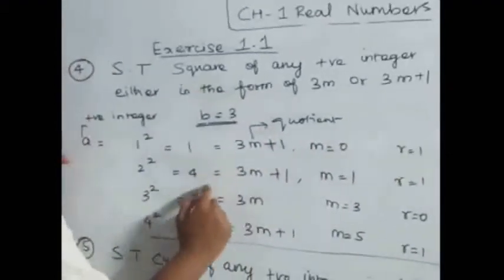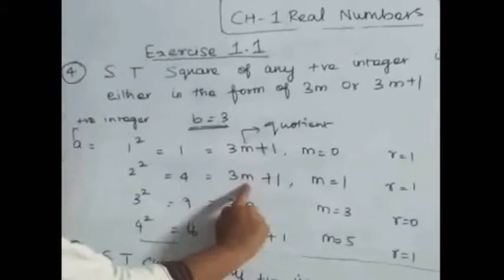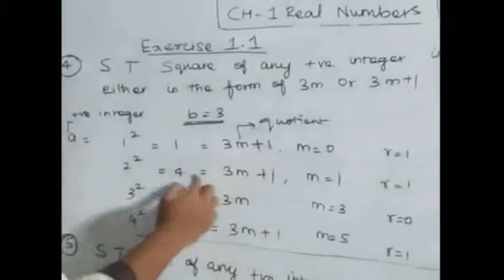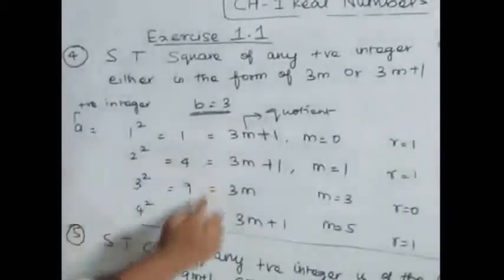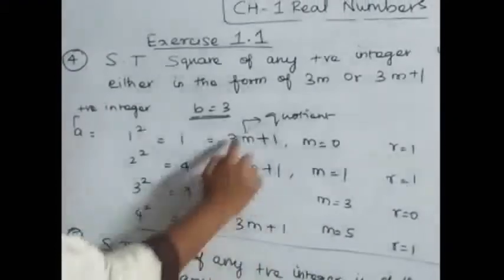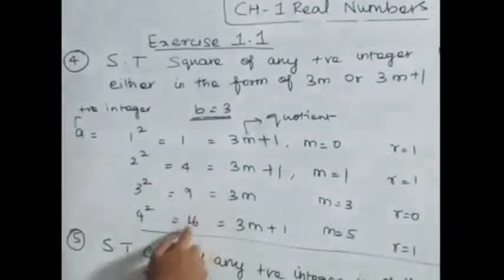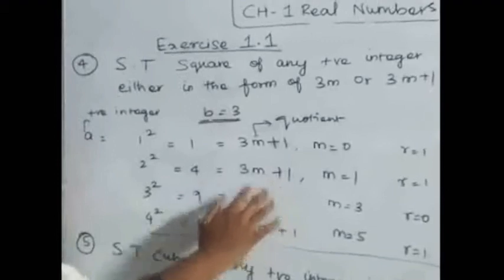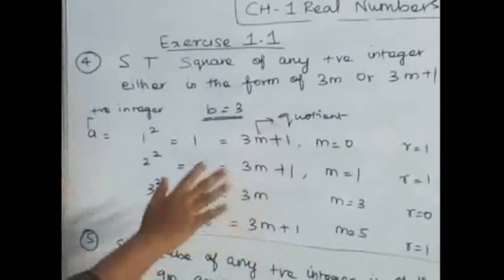For 4 divided by 3, the quotient is 1 and the remainder is 1. Like this, the square of every positive number is in the form of 3m or 3m plus 1. So we have proved this numerically.